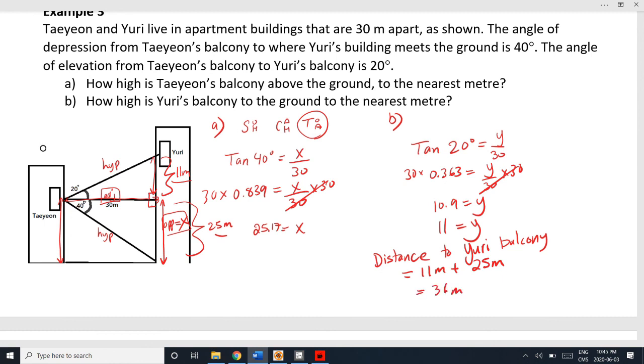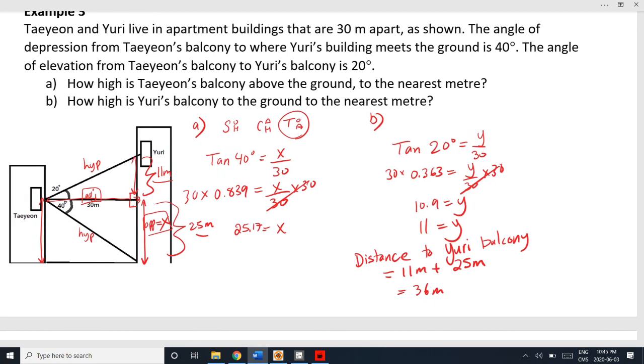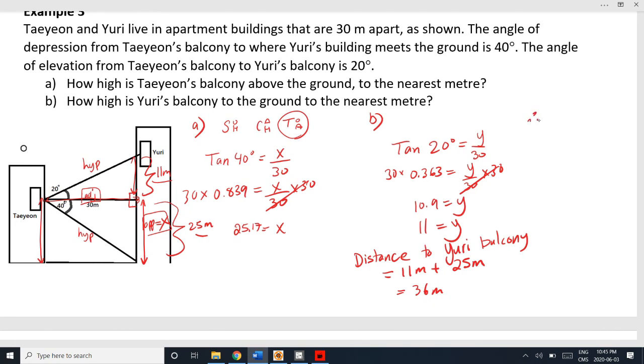So we can conclude Yuri's balcony is 36 meters from the ground. And we forgot to write a concluding statement here.